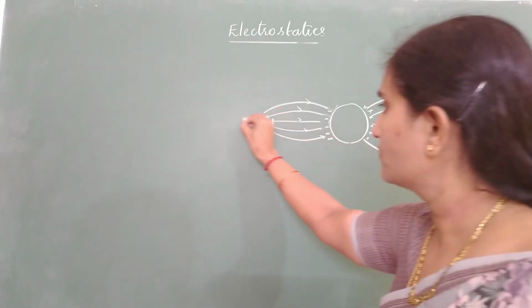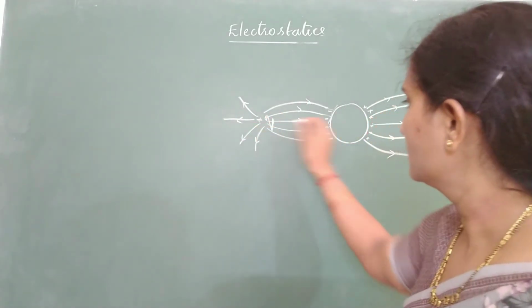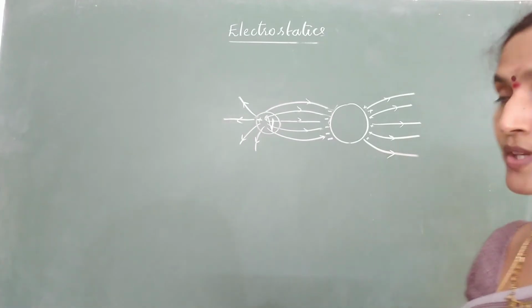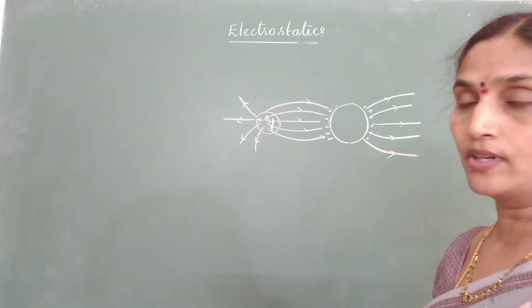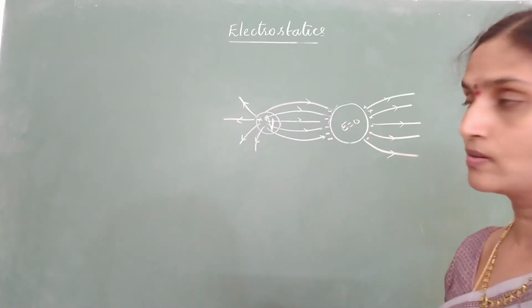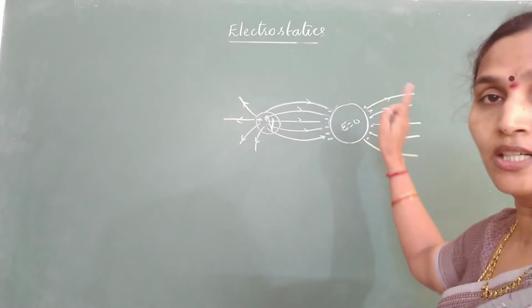So this is the nature of field when you keep a conducting sphere near a positively charged particle. This type of questions will also be given. Always remember, field inside the conductor will always be 0, whereas field lines will always end perpendicular to the surface.